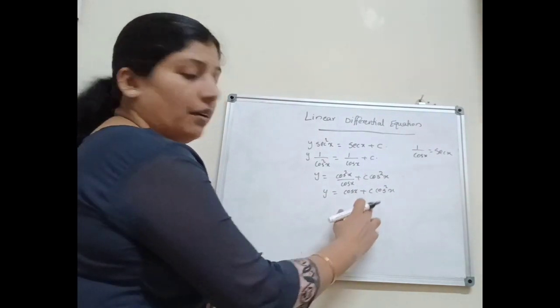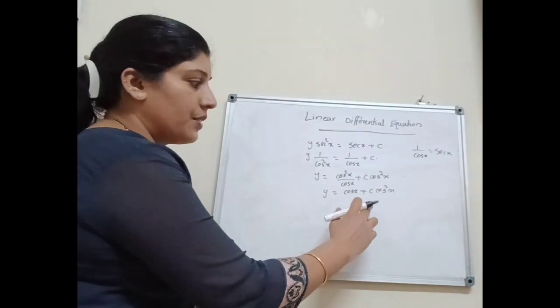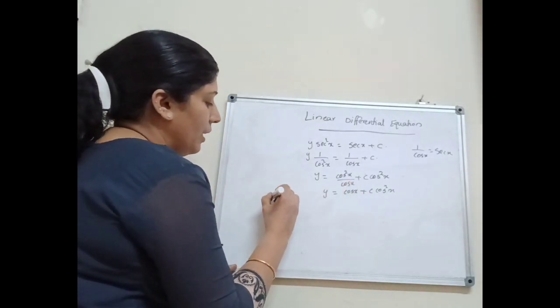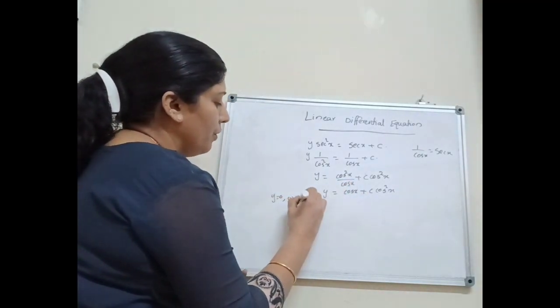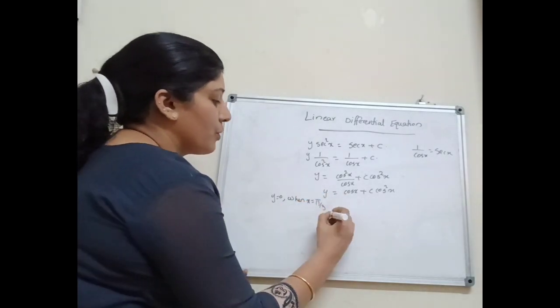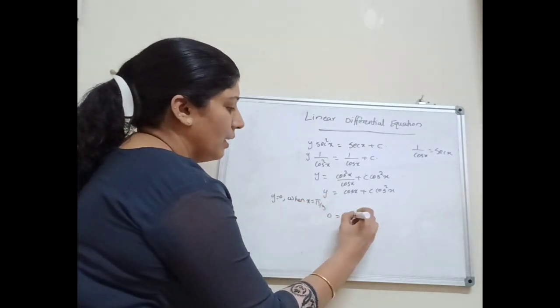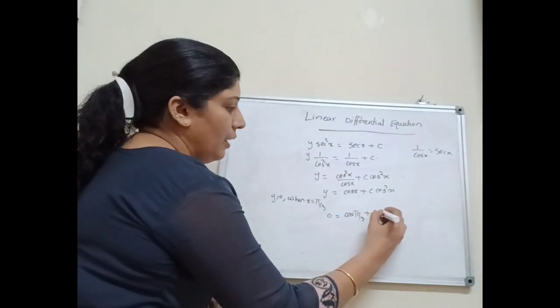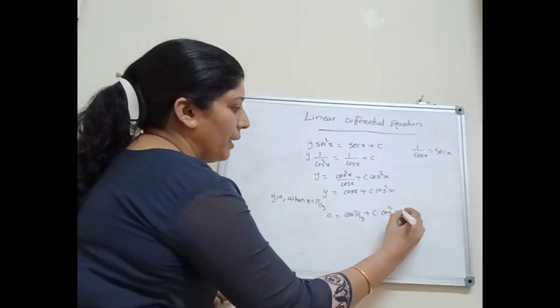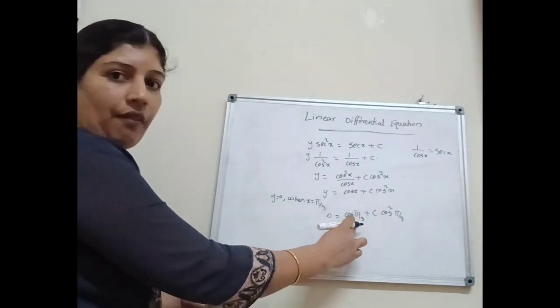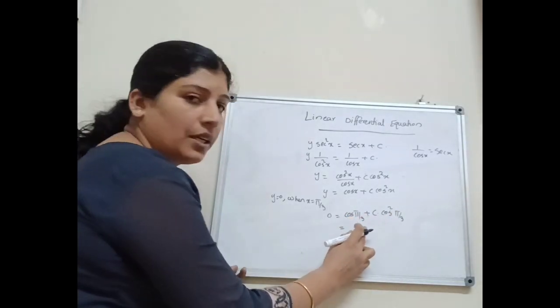Next, we have to find out the value of c, the arbitrary constant. Here, the given condition is y equal to 0 when x equal to pi by 3. Substituting here, y equal to 0 equals cos x, the value will be cos pi by 3, plus c into cos square pi by 3. That implies cos pi by 3, the value will be cos 60 degrees, 1 by 2.